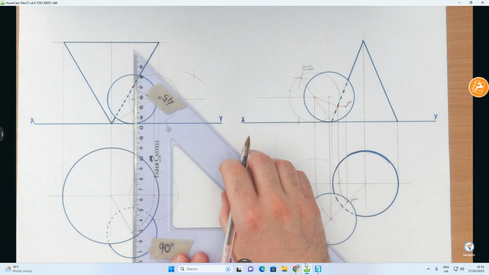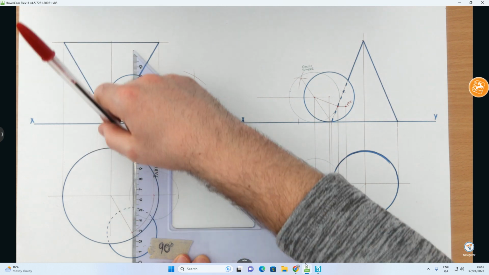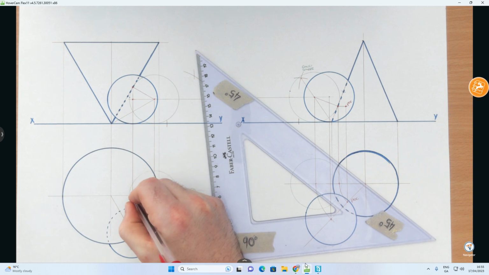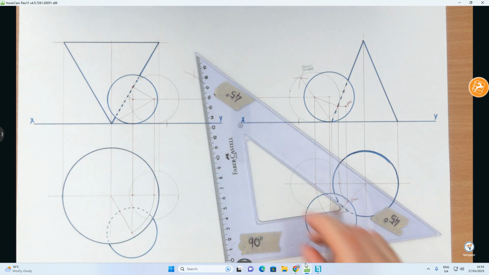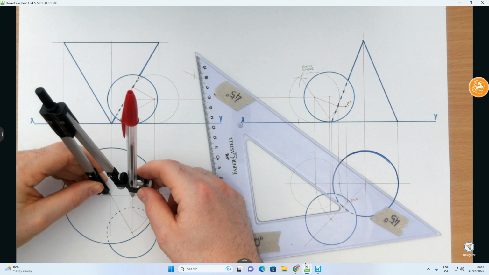Now that I find that, I bring it down. You can see here, it seems to be in line with this one. That's where it is when it's projected down. And then simply to find the exact position, like we rotated the center, I have to rotate around the point of contact.